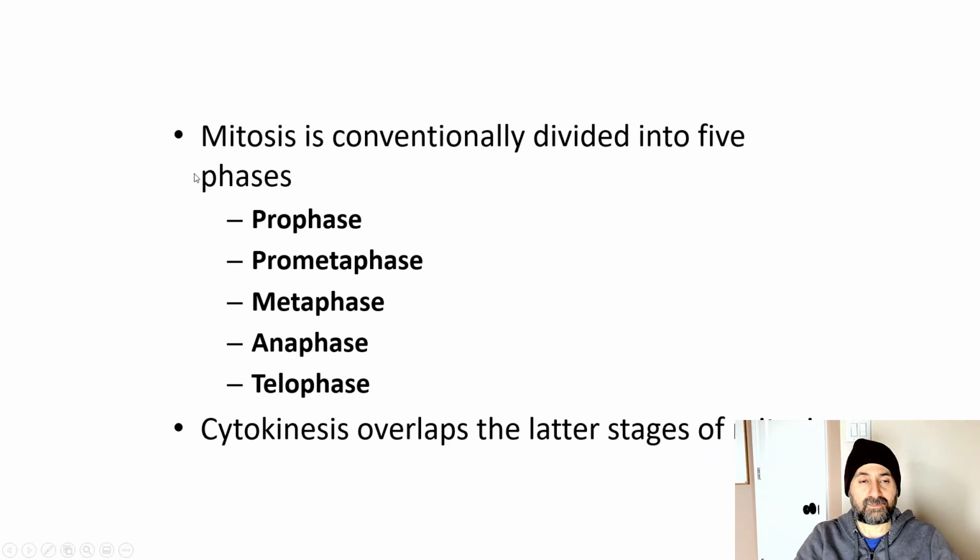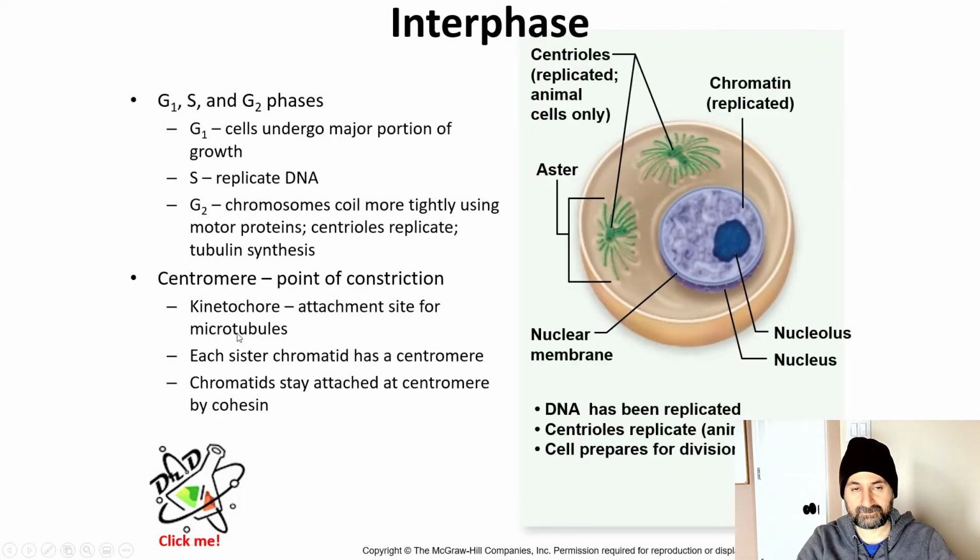M phase, remember, is made up of mitosis and cytokinesis. Now, mitosis is further broken down into subphases: prophase, prometaphase, metaphase, anaphase, and telophase. We do want to know these phases of mitosis, and that's followed by cytokinesis.